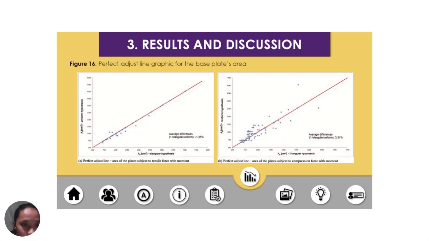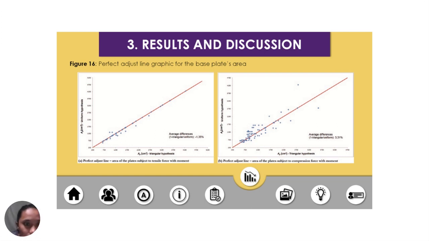So this is the figure 16, perfect fit line graphic for the base plates area. Here, A is the perfect fit line area of the plate subject to tensile force with moment.